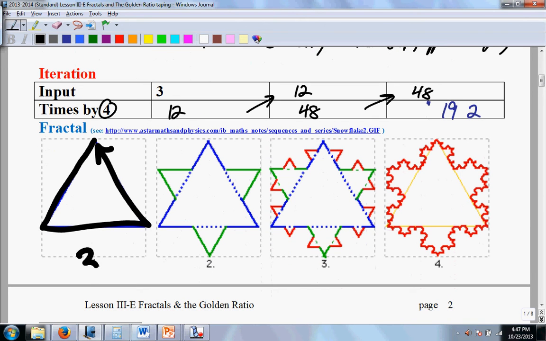You should have 3. Now, let's trace the sides here. Count. You should have 12.